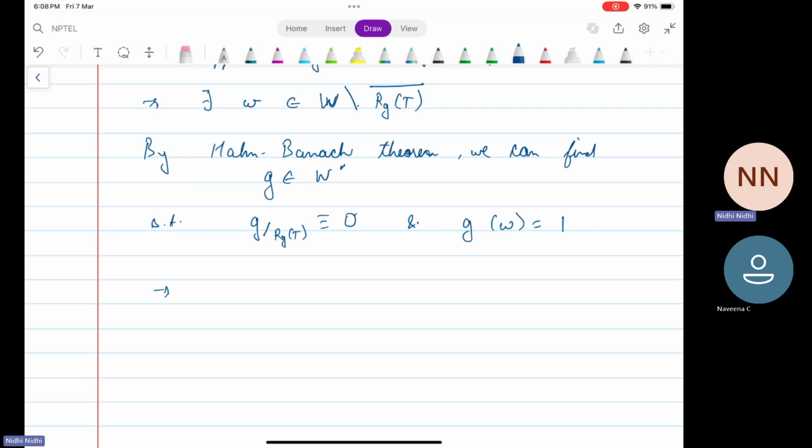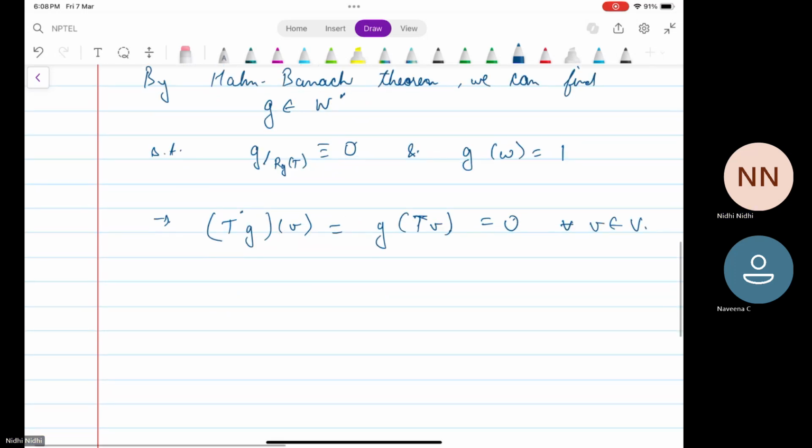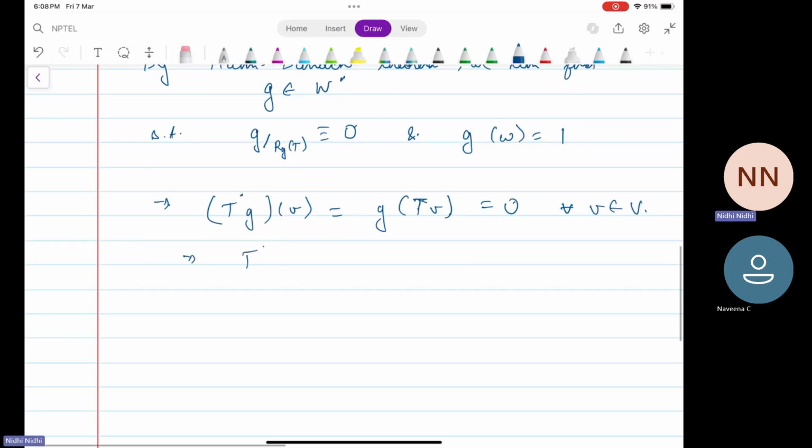This implies T star G at any v is equal to G at Tv. Now since G is 0 on range T and Tv belongs to range T, this is equal to 0 for every v in V. This implies T star G is equal to 0. That means G belongs to kernel T star.